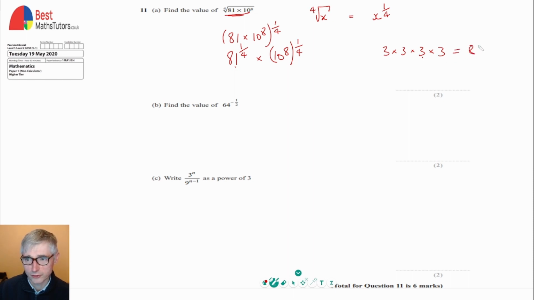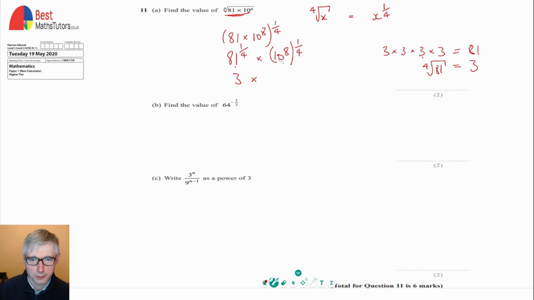So the fourth root of 81, 81 to the power 1 quarter, is 3.